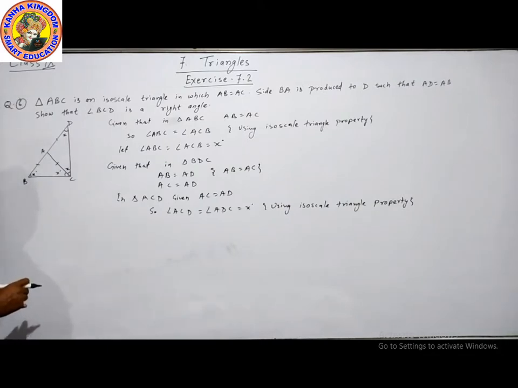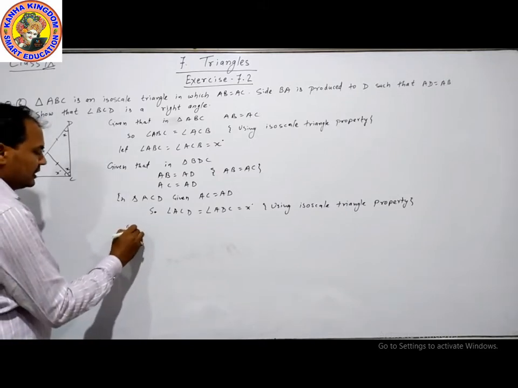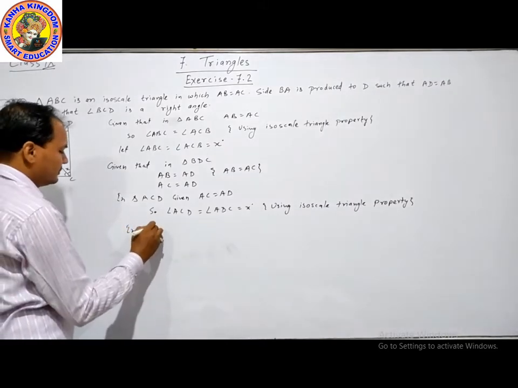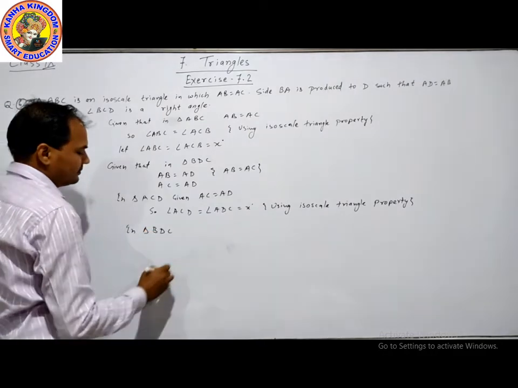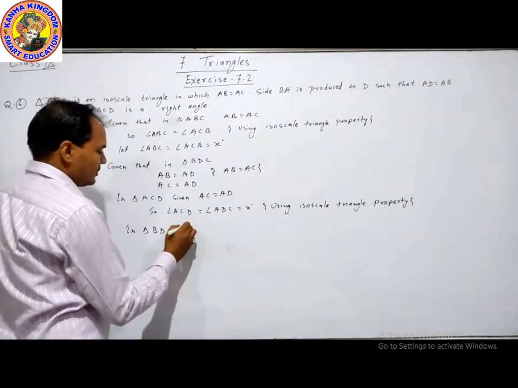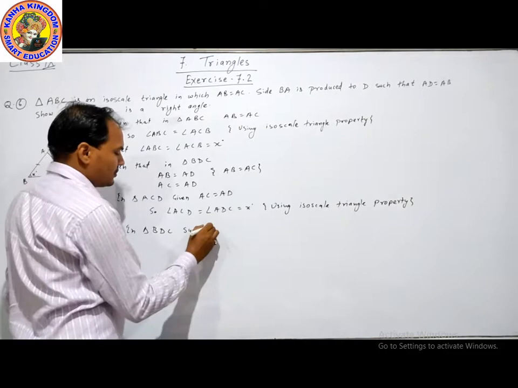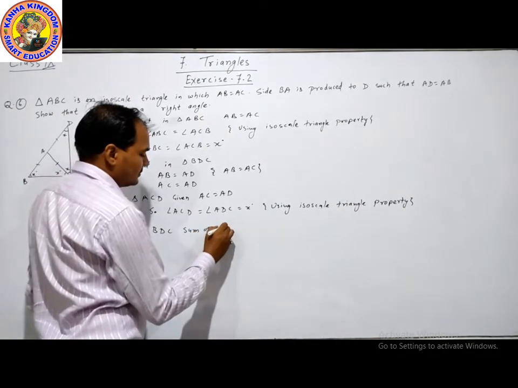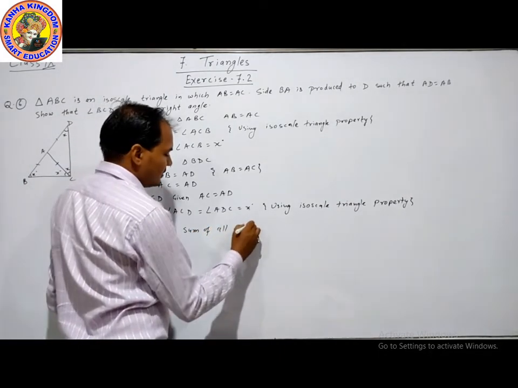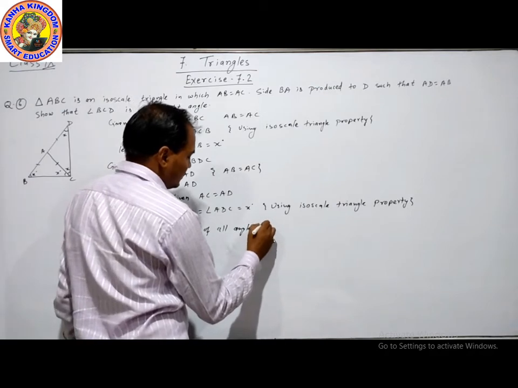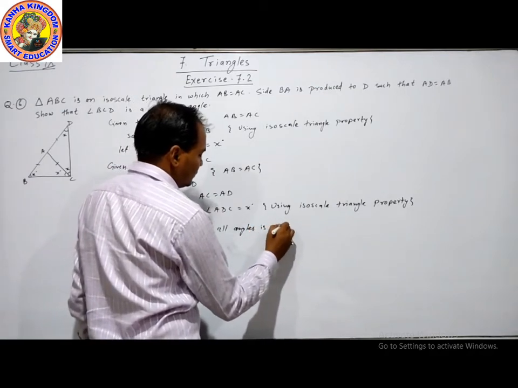Let us move to the complete triangle. In triangle BDC, the sum of all angles is 180.